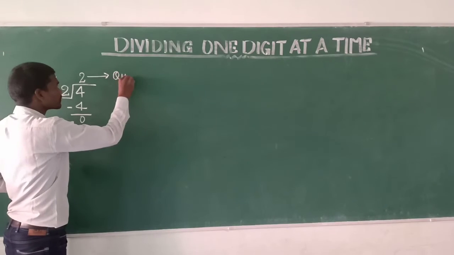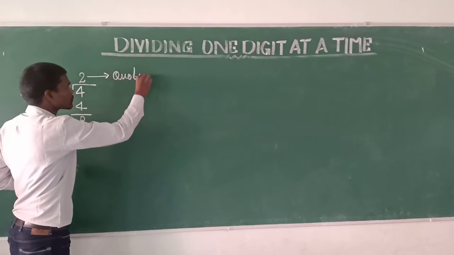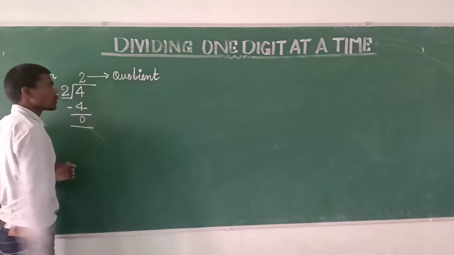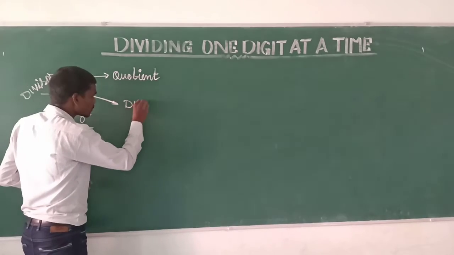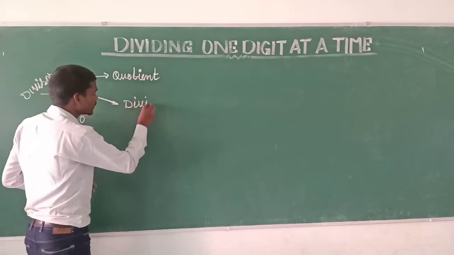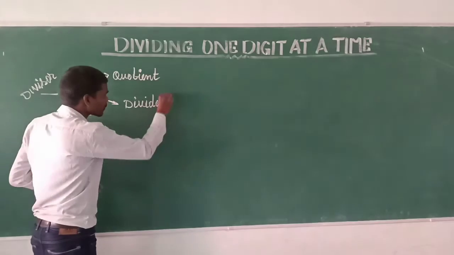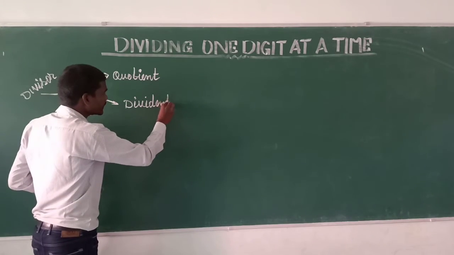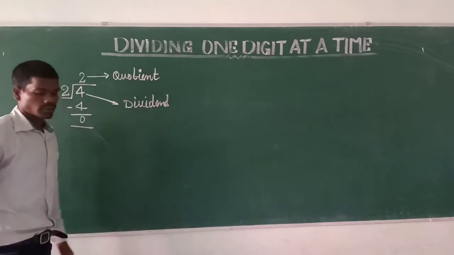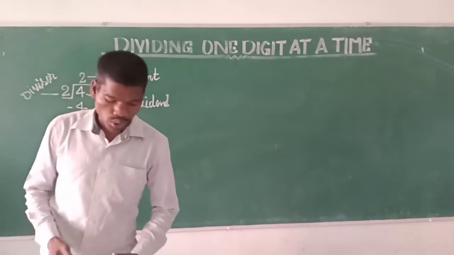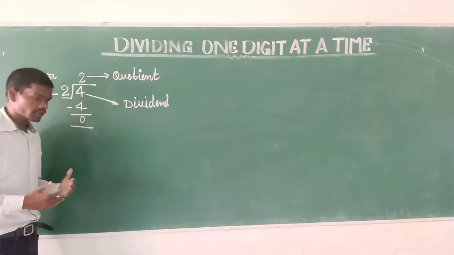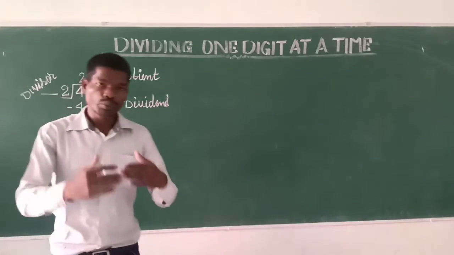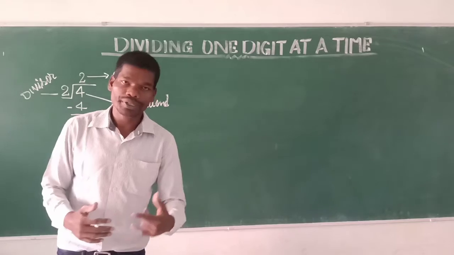Quotient. And this part, dividend. We say dividend whenever we divide. In which number we divide, that is called dividend.